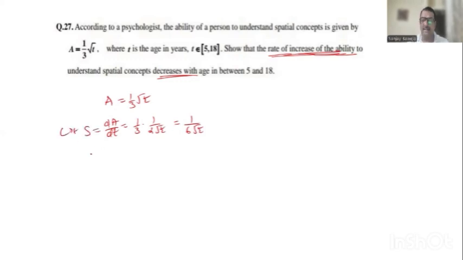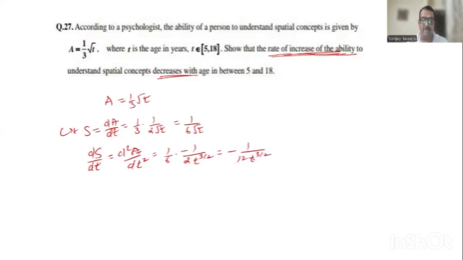Now we have to find the rate of change of s, meaning we have to find ds by dt, which is nothing but the second derivative. So ds by dt, if I differentiate, will be minus 1 by 2 t raised to power 3 by 2. So this is minus 1 by 12 t raised to power 3 by 2.